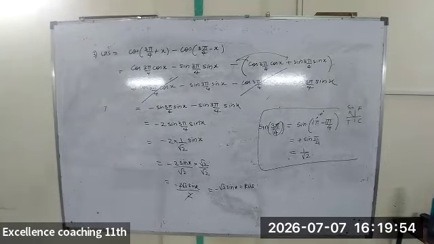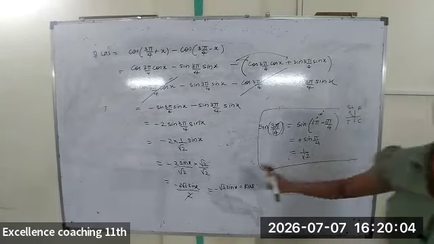Understood? The value of sine of 3 pi by 4 you have to find in the rough work column, and substitute that value.